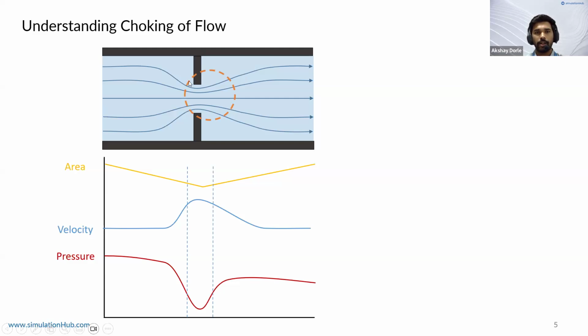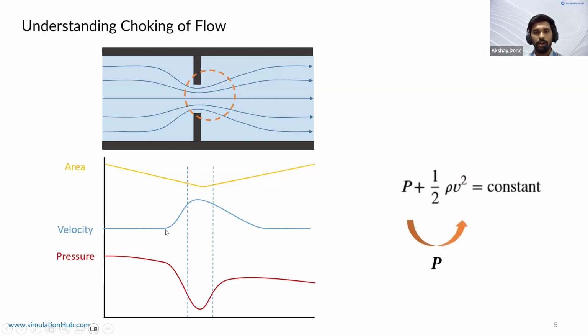Near the vena contracta, the area reduces, the velocity rises, and the pressure dips, and we have our friend Bernoulli to explain this. It is the conservation of mechanical energy inside a flow.